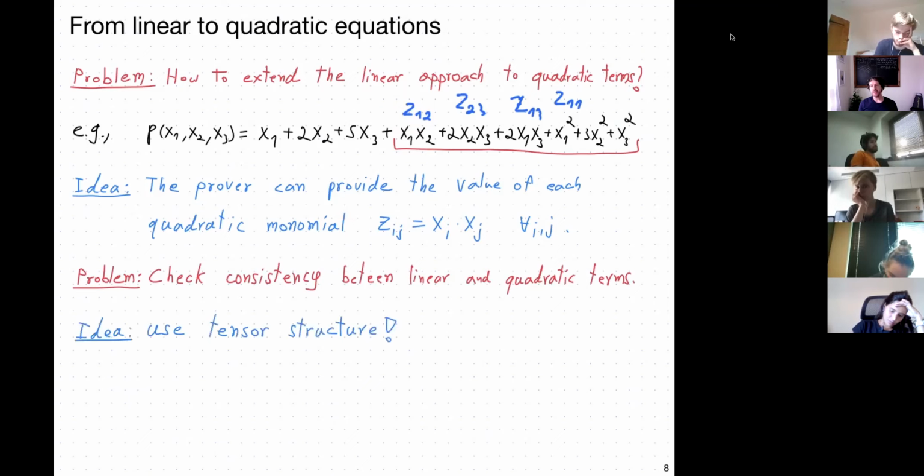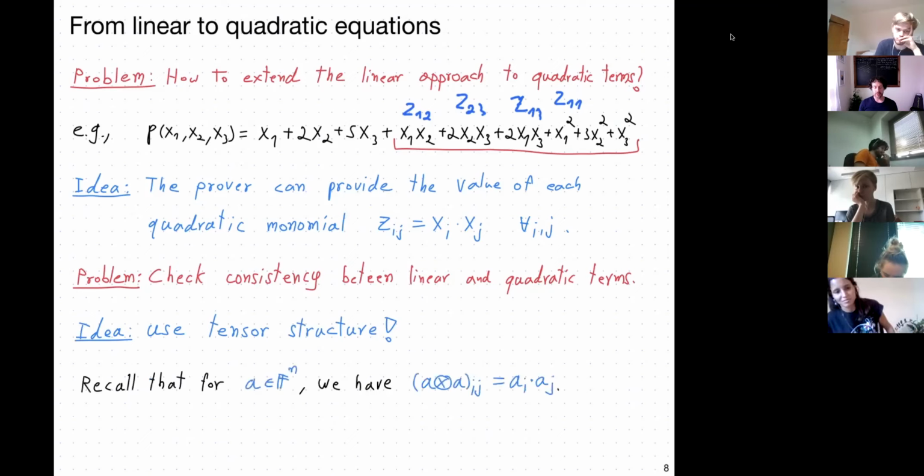We'll use the trick of tensor structure, which will be super compatible with what we've done. We need minimal technical changes and things will work nicely. Let me remind you what the tensor product of two vectors in F^n is.